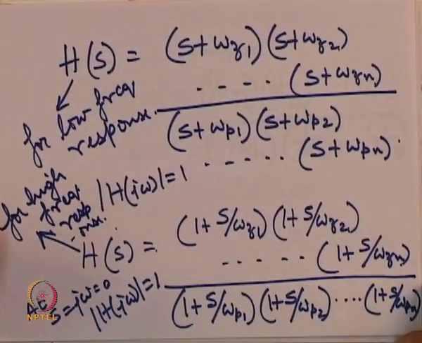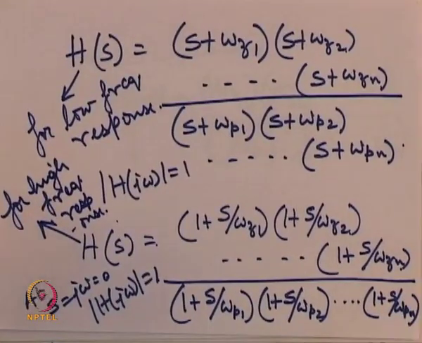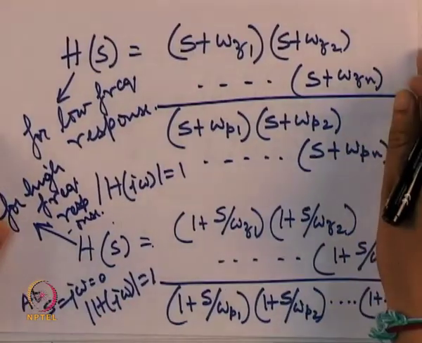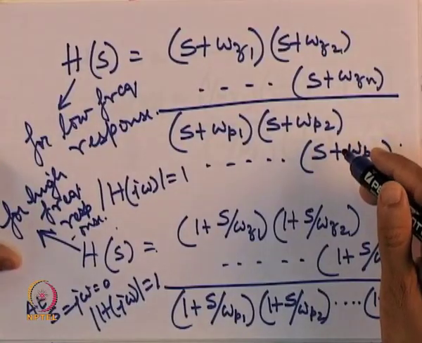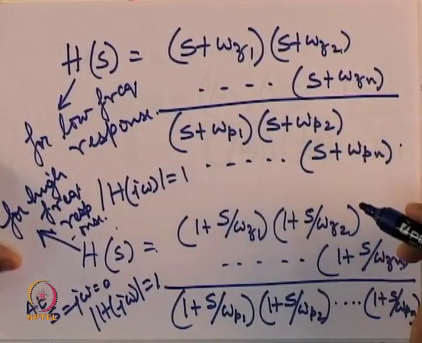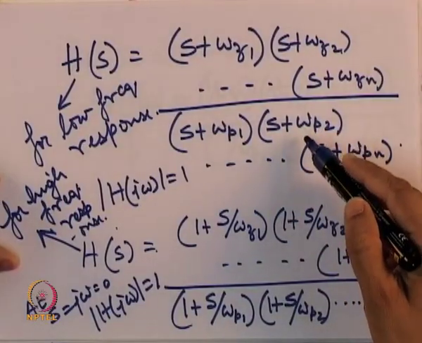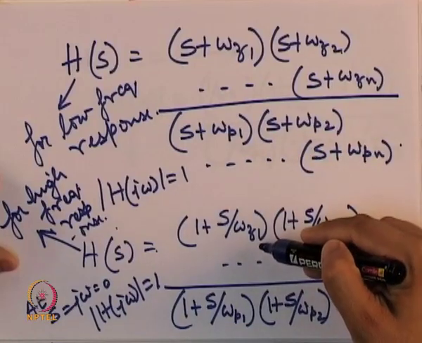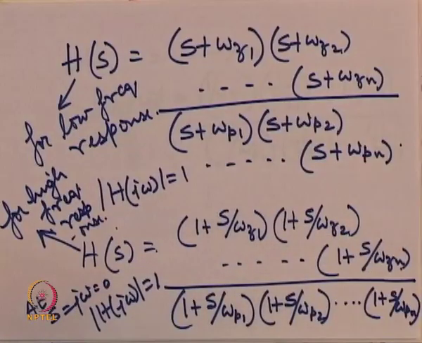Is there anything fundamentally different between the two? No, actually they have the same structure. So then how is it that this is apparently giving a low frequency response with an omega L clearly defined and omega H not clearly defined, whereas here omega H is clearly defined, but omega L cannot be defined? Why is this difference?